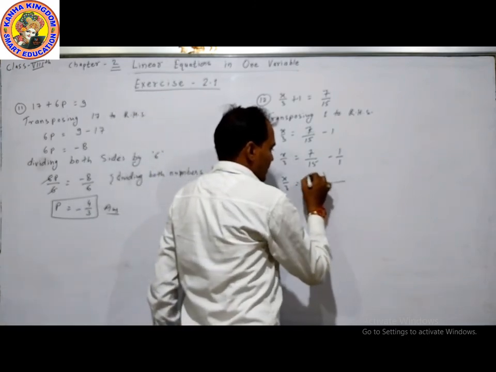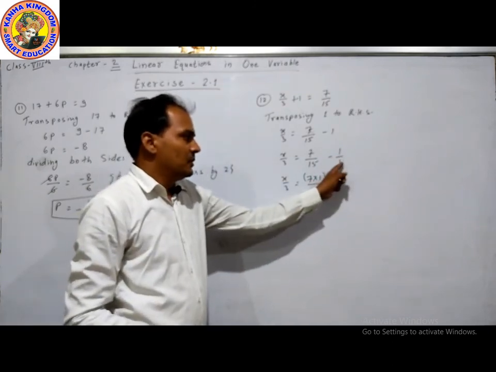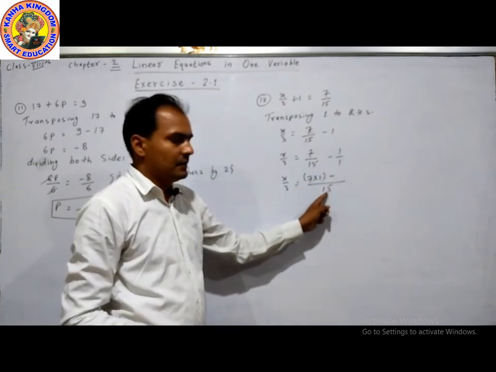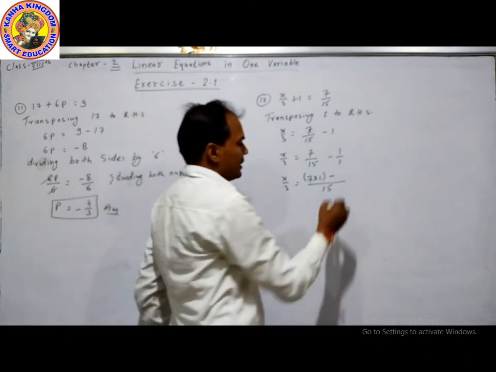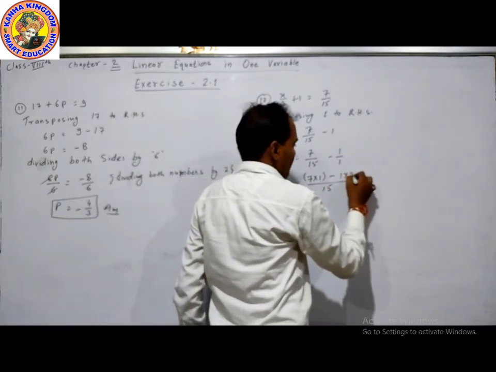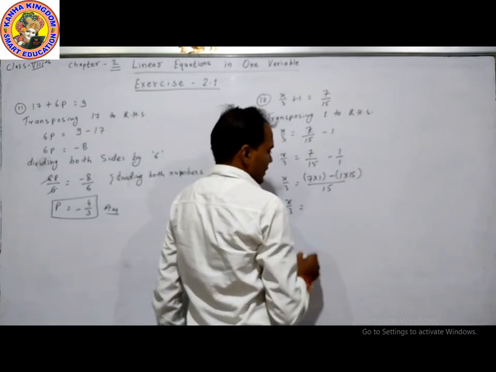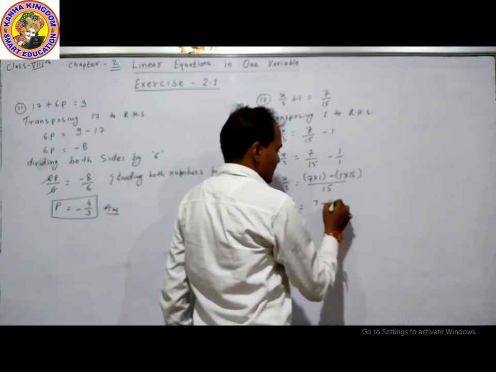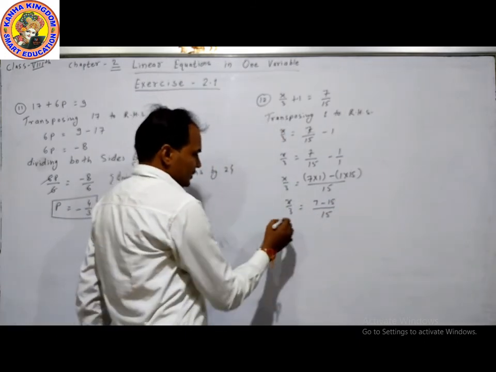On this side, 15 divided by 1 is 15, then 15 multiplied by 1. x by 3 is equal to 7 minus 15 divided by 15.